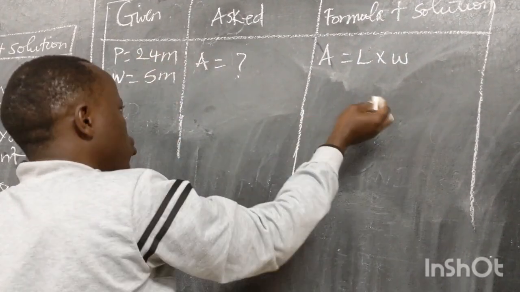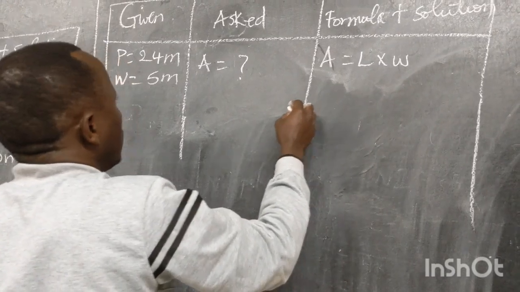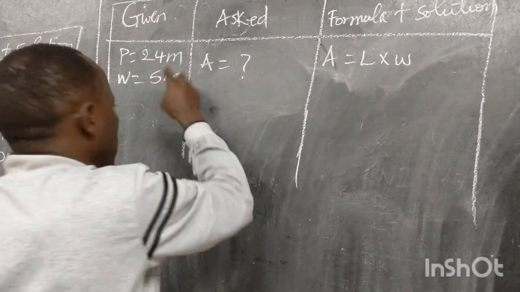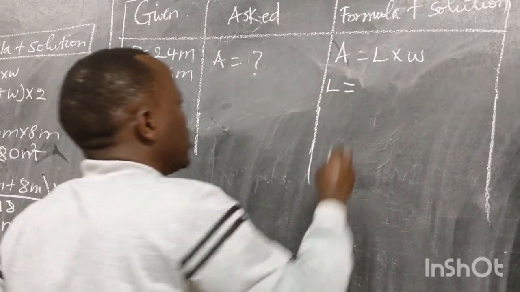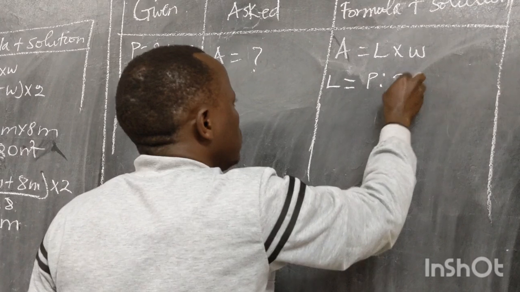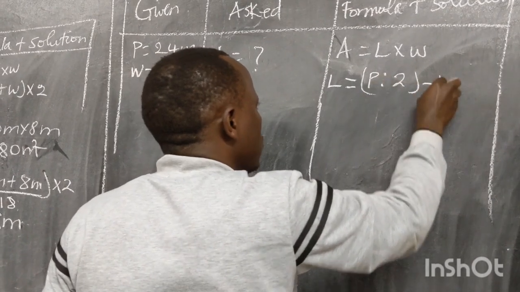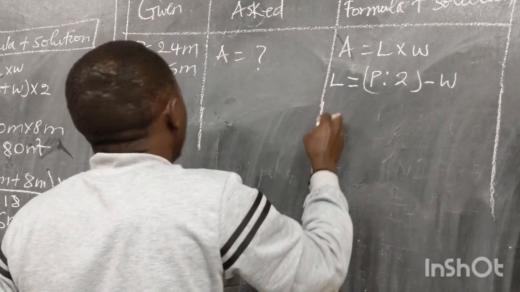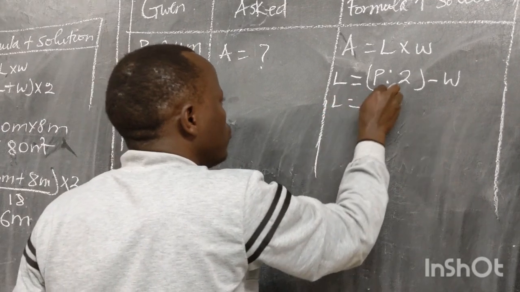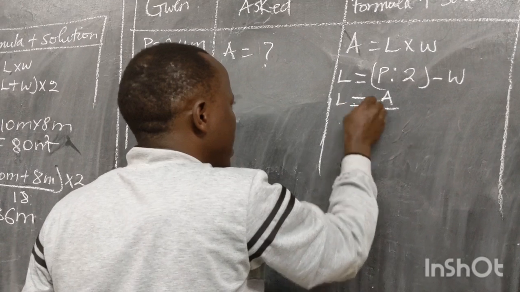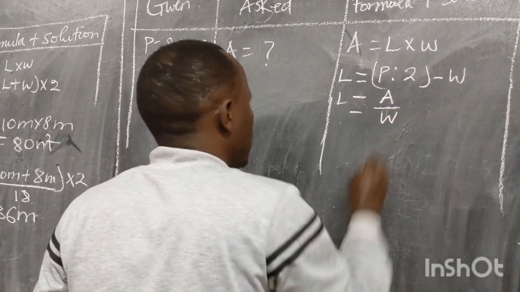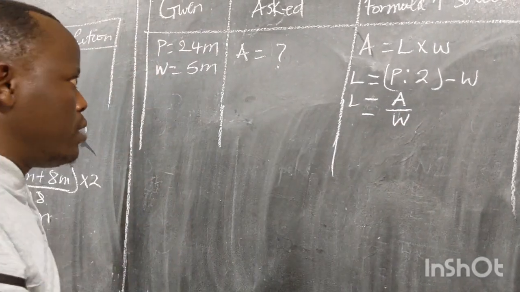But we don't have length. We have width, but we don't have length. Remember that when we are finding the length, we have seen that length is equal to perimeter divided by 2 minus width, or length is equal to area divided by width. And they give us perimeter.